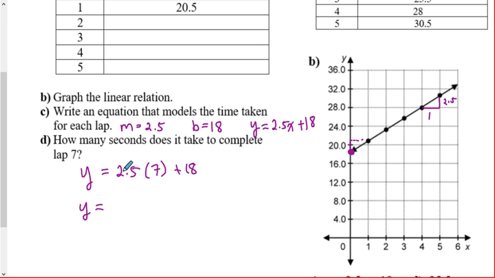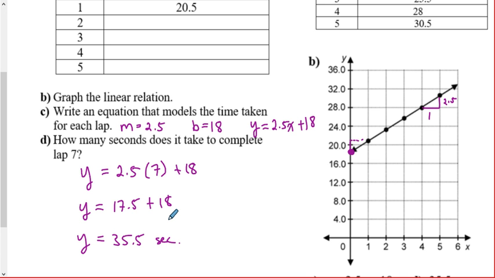So let's do that. 2.5 times 7, of course, BEDMAS, right? Tells us we got to multiply first before we add. So let's do our multiplying first. So 2.5 times 7 is 17.5. And then we go 17.5 plus 18, that's 35.5 seconds.